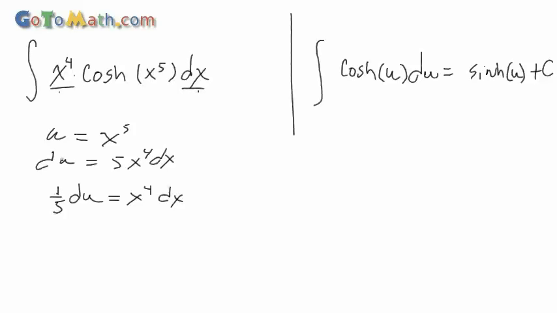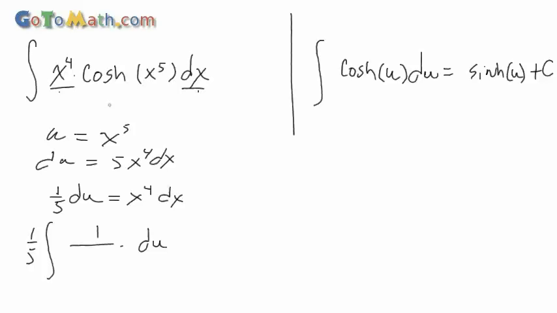Except I always take this 1/5 and bring it out to the very front of the integral there and get it out of the way. Alright, so we'll write a 1 here. The x to the fourth and the dx is equal to the 1/5 du. I take the 1/5 outside, but then we're left with the du.